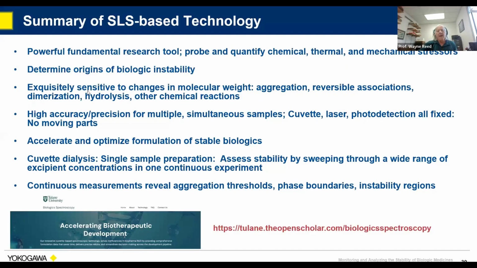There we go. Okay, and the light scattering is exquisitely sensitive to changes in molar mass. So anything that will change it, like an aggregation or reversible association, a dimerization, or a hydrolysis or other reaction which might bring it down, those are all very quickly perceived by the light scattering.